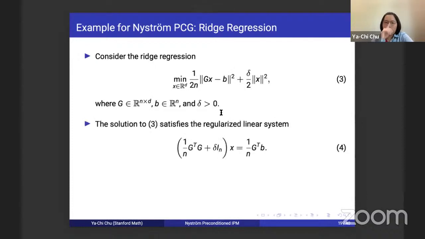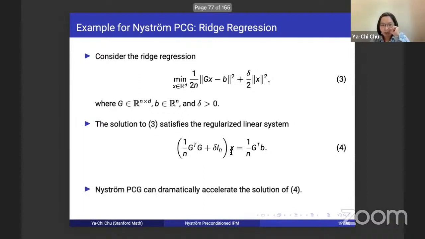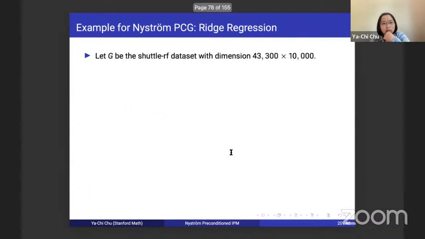By taking the gradient, we know that the solution to the minimization problem satisfies this linear system. So we can use Nystrom PCG to solve this linear system, and we will see that Nystrom PCG dramatically accelerates the solution of that linear system.